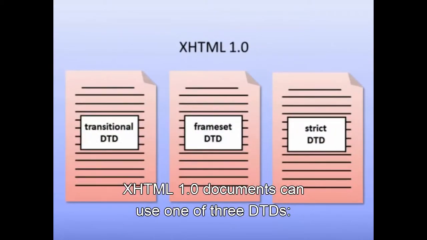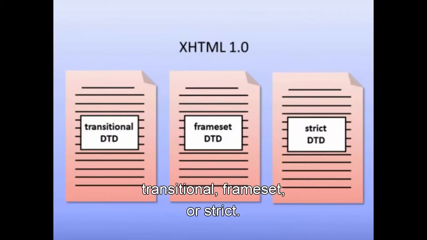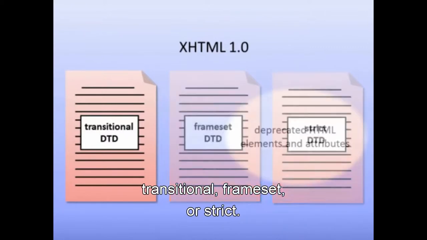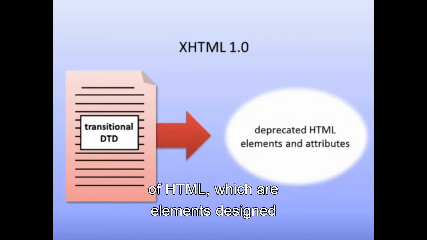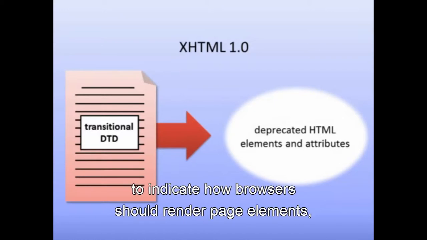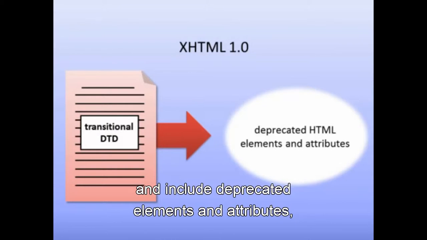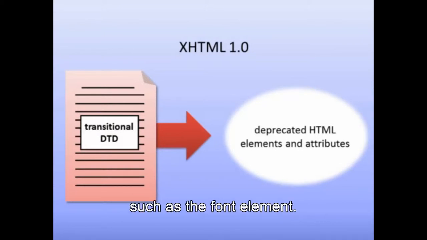XHTML 1.0 documents can use one of three DTDs: transitional, frameset, or strict. The transitional DTD supports many presentational features of HTML, which are elements designed to indicate how browsers should render page elements, and include deprecated elements and attributes, such as the font element.